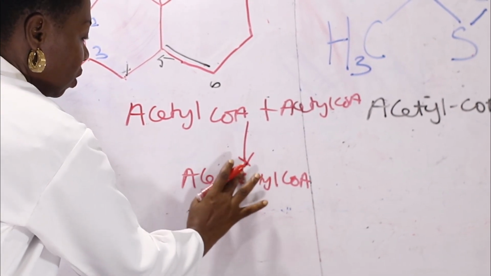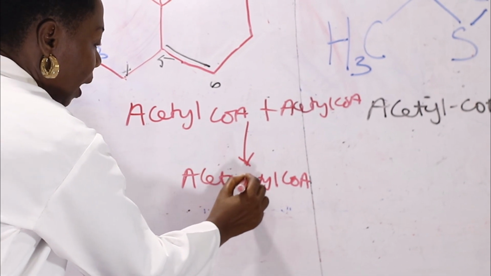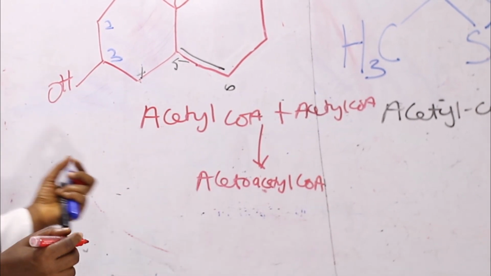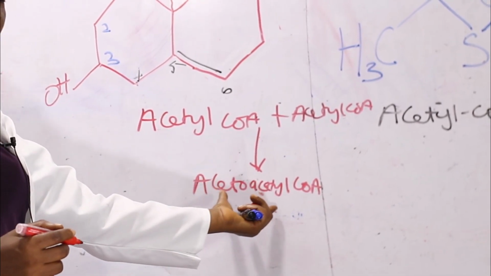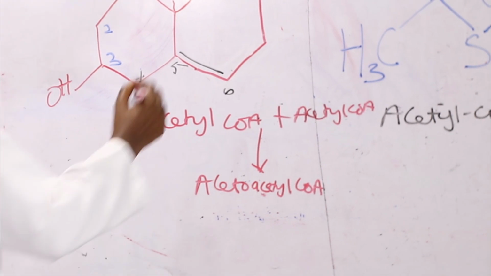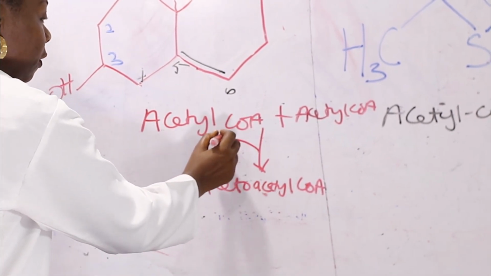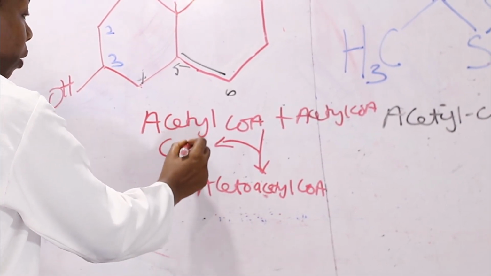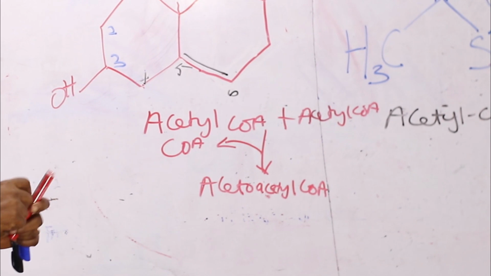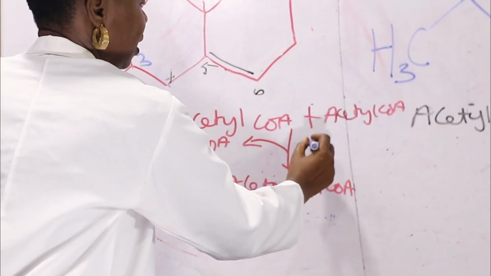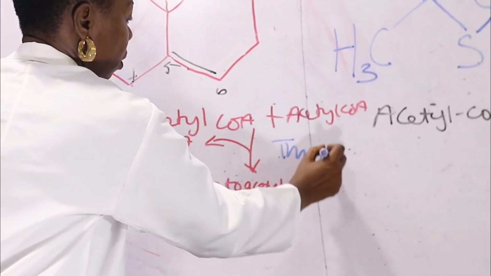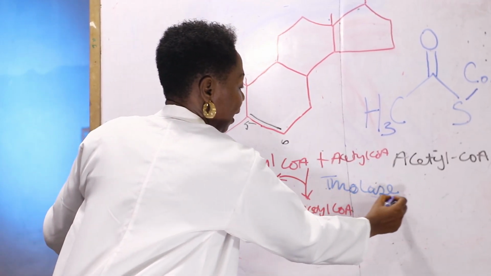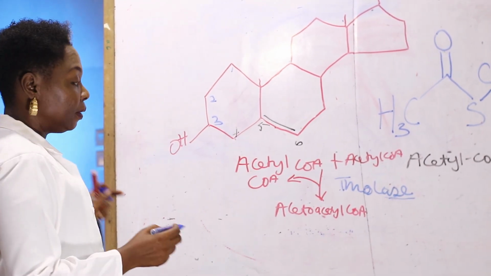I'll write this clearly so that we can look at it. The condensation of 2 acetyl-CoA molecules gives rise to acetoacetyl-CoA, and if you look at the direction of the arrow, there is a loss of 1 CoA molecule. This reaction is catalyzed by the thiolase enzyme. Remember, in biochemistry, any compound that ends with -ase is an enzyme.